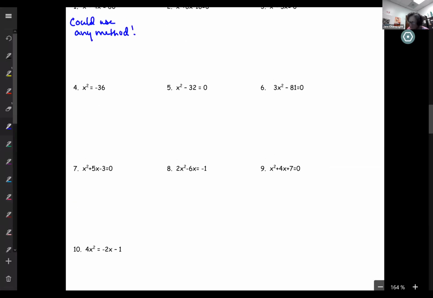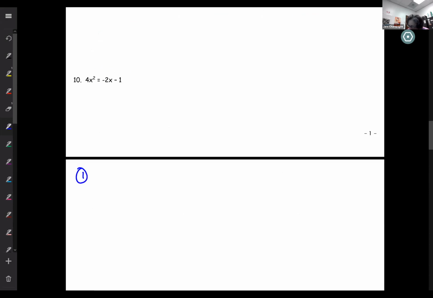Number 1 is x squared minus 4x equals 60. So method 1 would be if it factors. Let's look and see if this thing factors. Remember, you have to set it equal to 0 first. Does it factor?